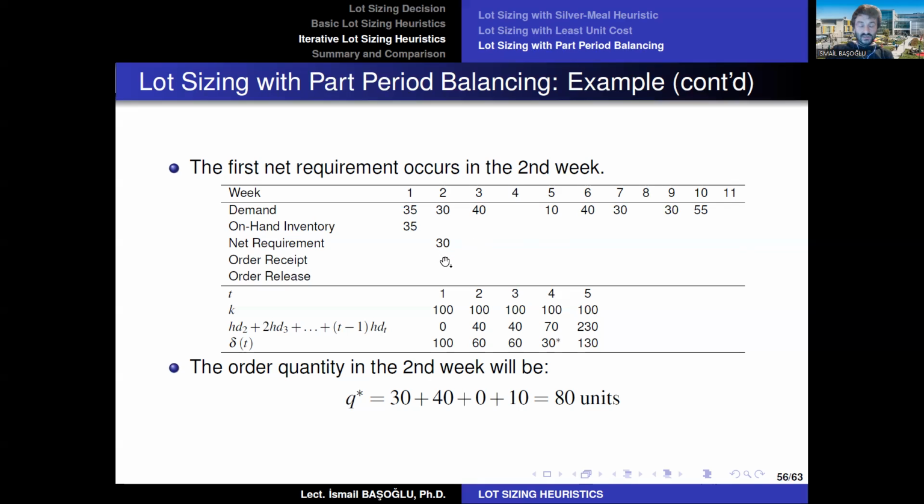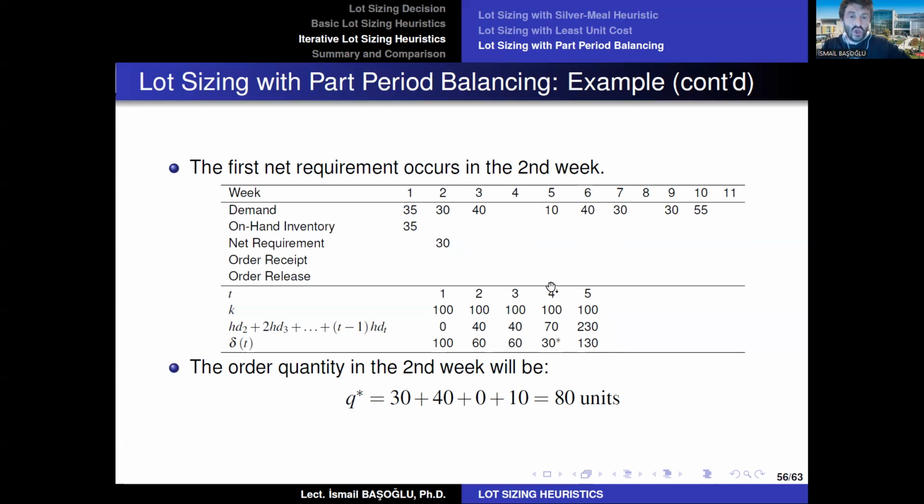If I receive an order at this point, I need to carry these 40 units for 4 weeks. So 40 times 4 times 1 is 160. So 70 plus 160 is 230. The absolute difference between the ordering cost component and the carrying cost component has become 130. So there is an increase here.